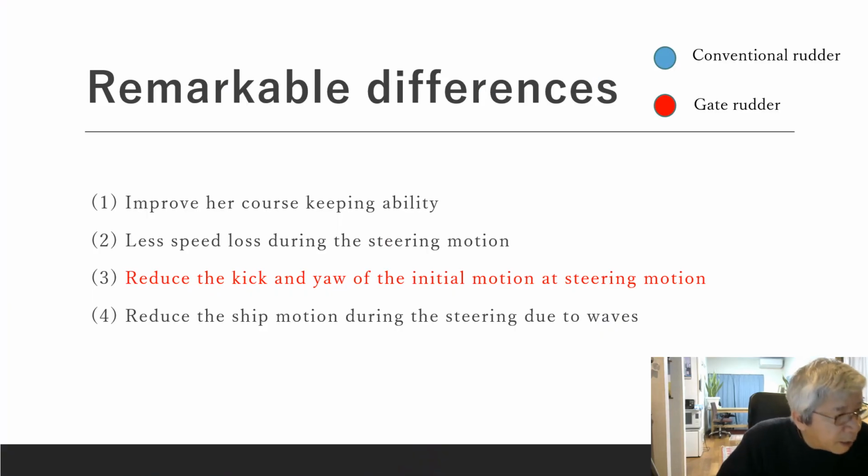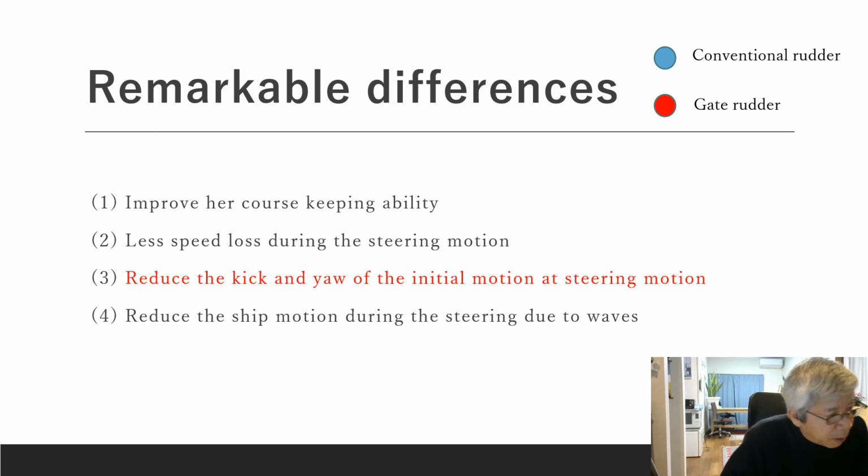So in total, we can say we have found four points so far in the performance of the gate rudder that are different from conventional rudders. The first one is improvement. We can improve the course stability, the course keeping ability, by installing the gate rudders.